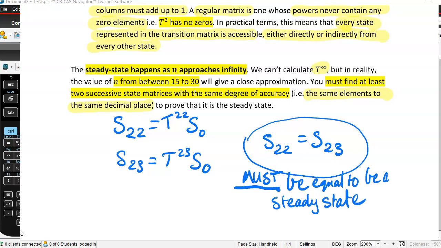And remember, with a steady state, what we're finding is these matrices, these answers, these states to be the same. We found a point where the system is just generating the same numbers.